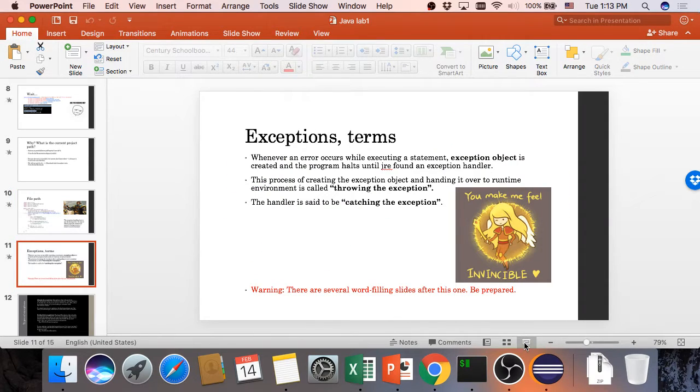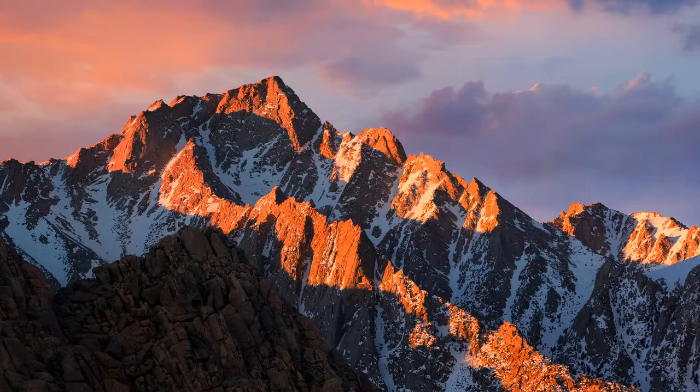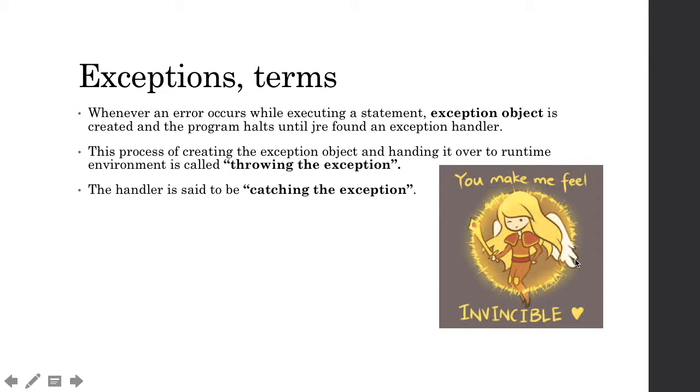So now let's get into the boring part, which is the theory for exceptions and the terms for it. All right. Although exceptions are boring, they make our programs invincible. So that's the only connection I can find.